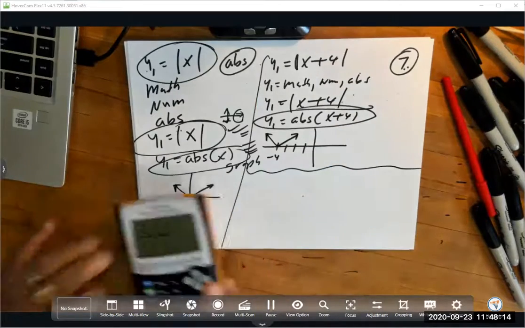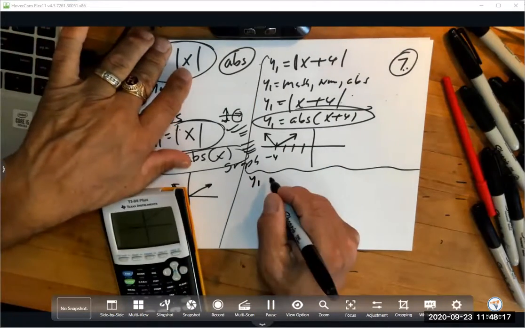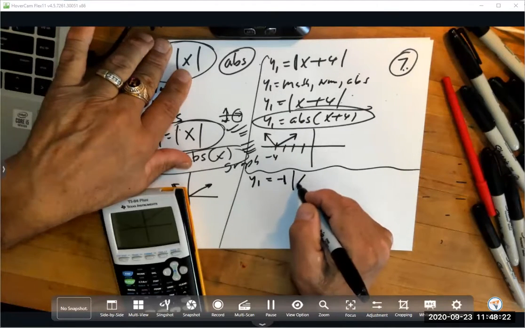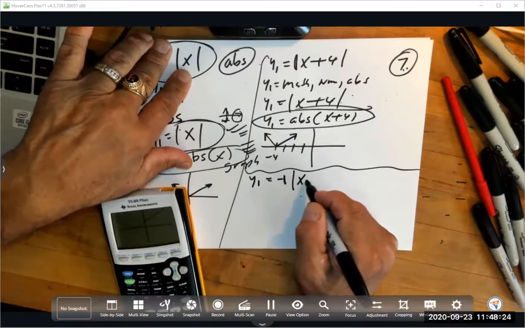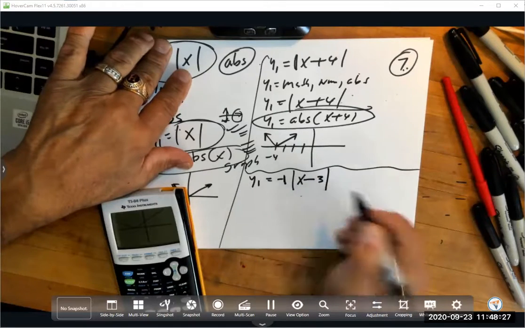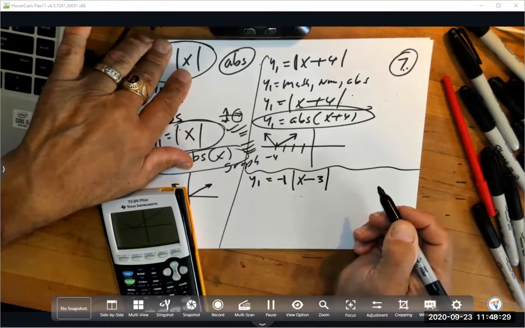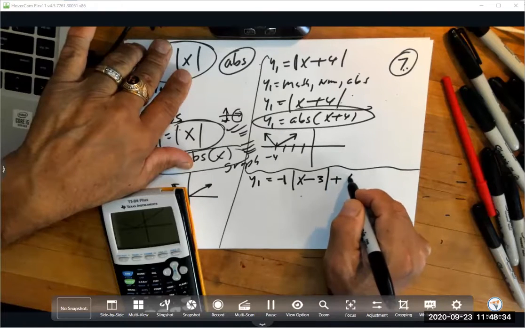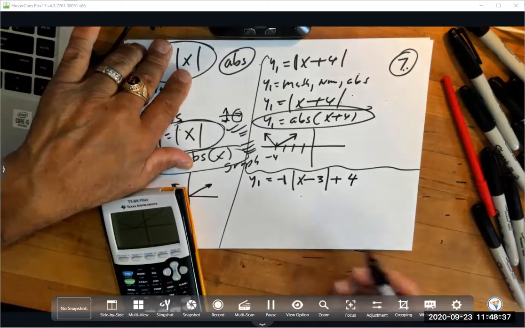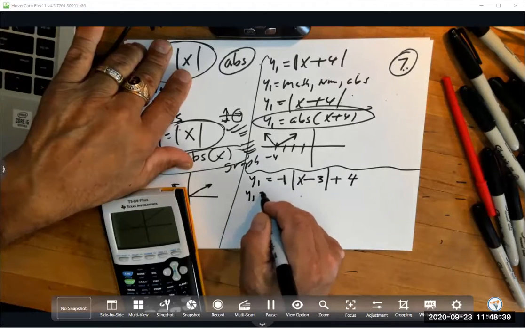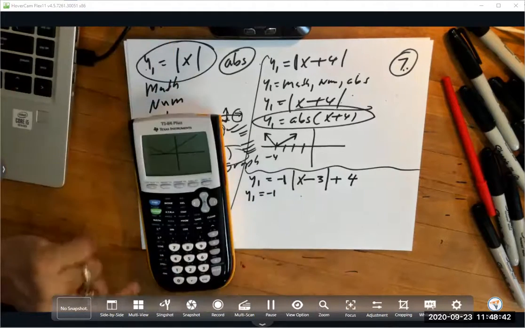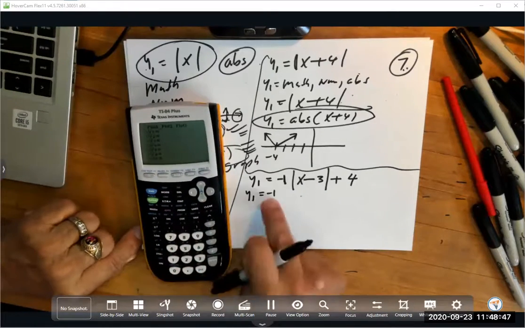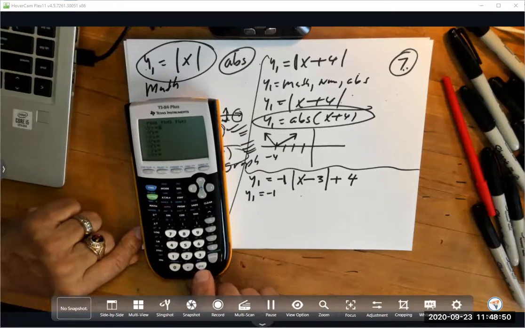Okay, yeah. So now I'm going to make it a little bit harder, just a little bit, not that much. I'm going to put -1 times the absolute value of x -3, like that. And then I'm going to make it, how about, +4? Okay, lots of action going on here. So you're going to go like this, -1, and I'll go through the whole thing. Y, clear. All right, so -1 means this right here, -1.